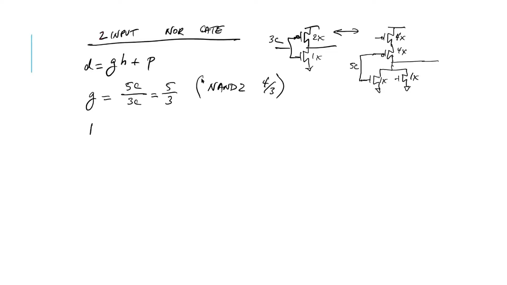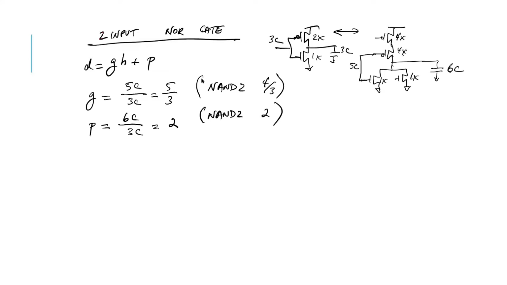Now let's figure out P. Because we resized it, we have 1C for each of the NMOSFETs and 4C for the PMOSFET, so we end up with 6C here. And we have 3C for the minimum inverter. So we got 6C over 3C, which is 2. This is the same as our NAND 2, which was also 2.